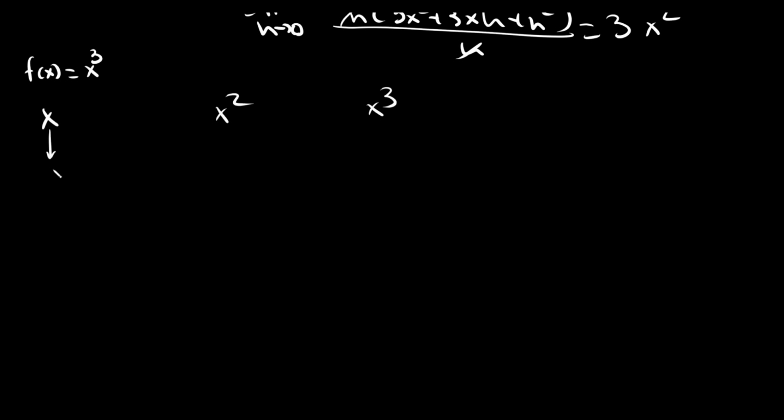If I take my limit as h goes to 0 to find my slope, I'm getting 1. And if I took my limit as h goes to 0 for my x to the power of 2, we have just done it, it is 2x. And for x to the power of 3 it is 3x to the power of 2.